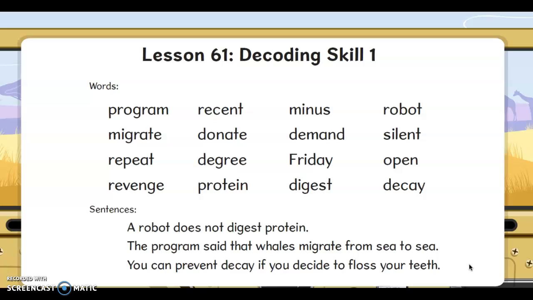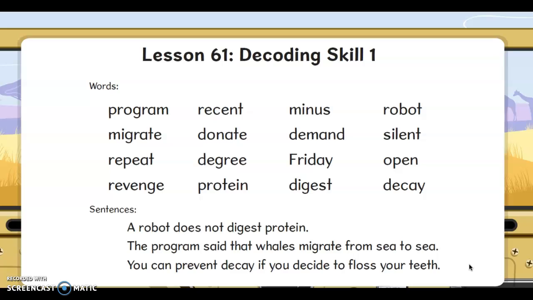All of these words on this whole class transfer card follow decoding skill 1. You have spelling words that follow decoding skill 1. I want you to practice writing those spelling words, and I want you to practice proving those spelling words this week.